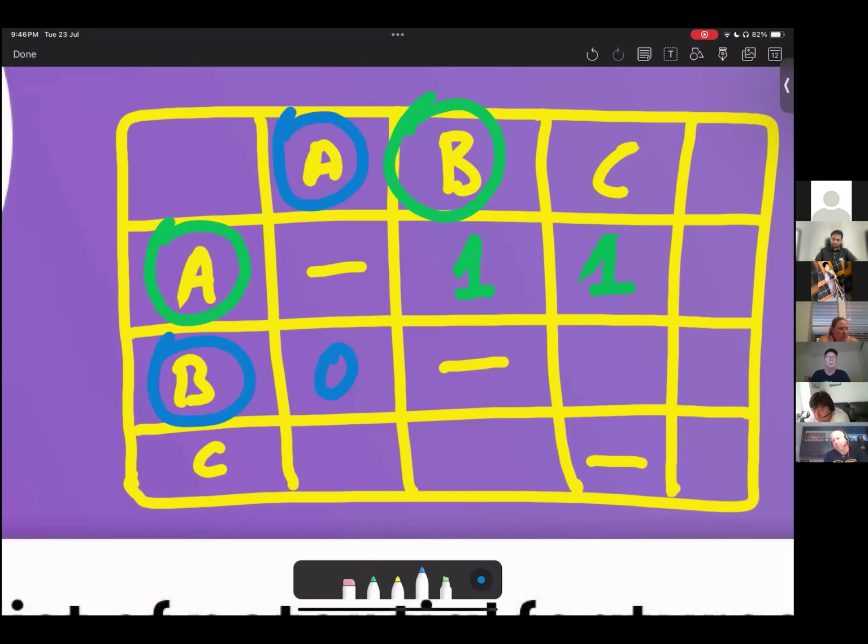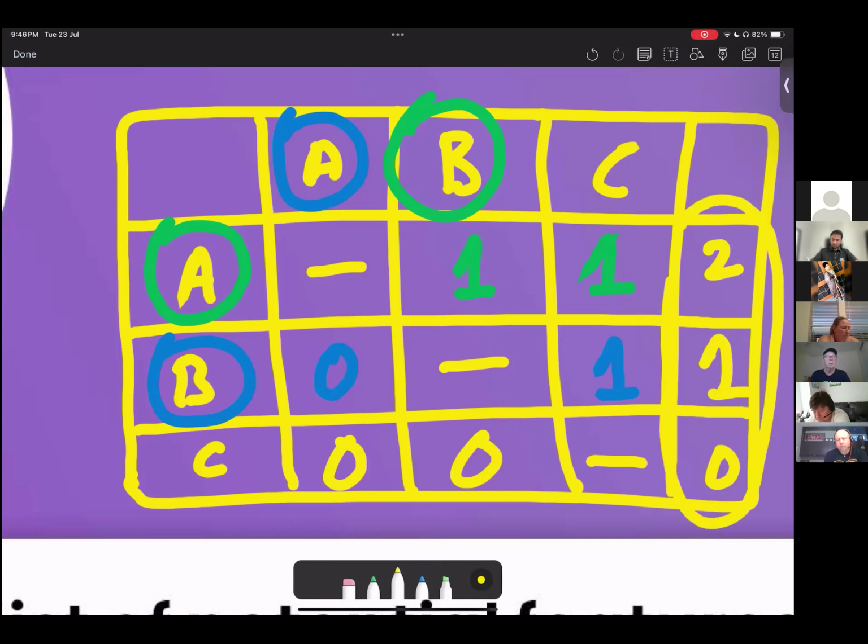Now B with C, let's suppose B is more important than C, so it would be 1 here. And here C with A would be 0, C with B would be 0. So I have my priority 2, 1, 0. So the higher the number, the higher the priority.